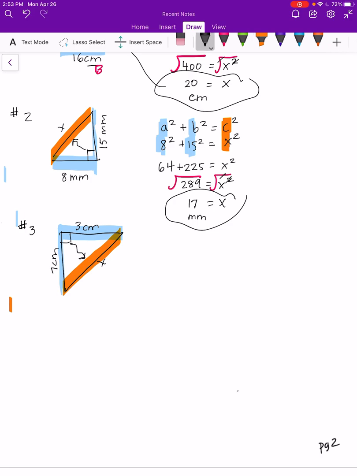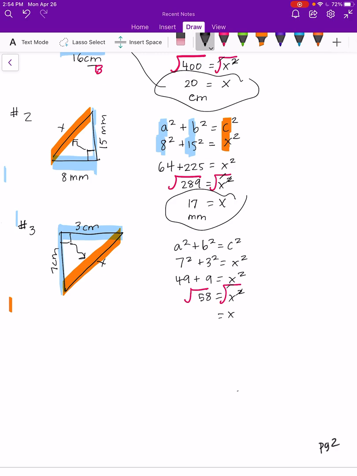So I have A squared plus B squared equals C squared. And I plug in 7 squared plus 3 squared equals X squared. 7 squared is 49. 3 squared is 9 equals X squared. 49 plus 9 is 58 equals X squared. I have to undo the squared by taking the inverse, which is the opposite. Those cancel, leaving you X equals.